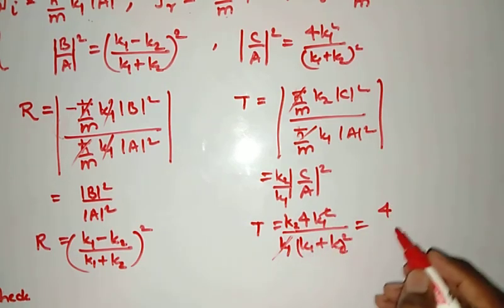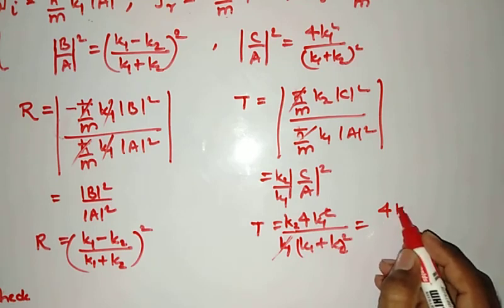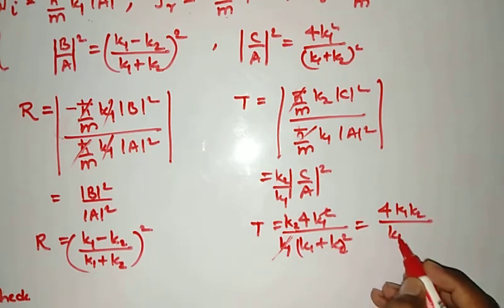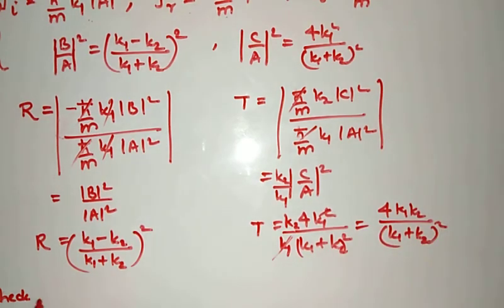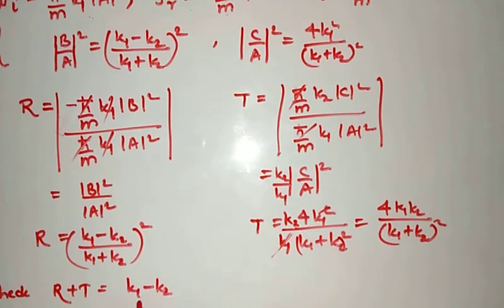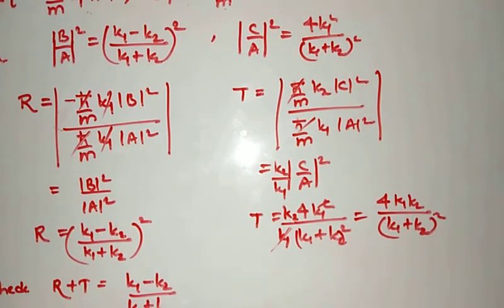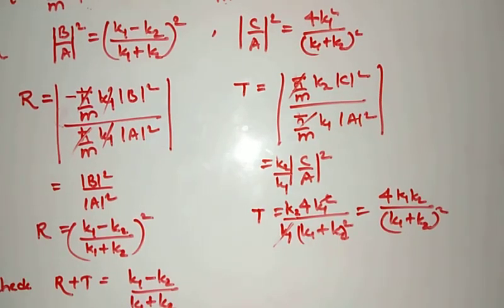So finally we will have 4 k1 k2 upon (k1 plus k2) square for T. Now check R plus T. That is (k1 minus k2) upon (k1 plus k2) square, plus T, which is also 4 k1 k2 upon (k1 plus k2) square.